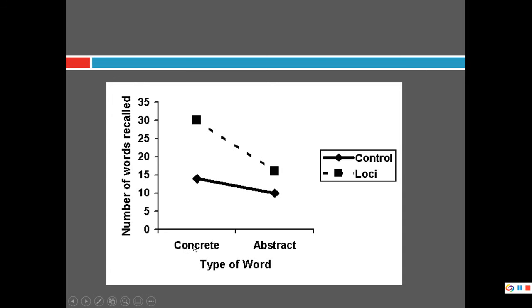Very specific things that have a physical, obvious meaning, and abstract words might be more like ephemeral, beautiful, stupid. Things that are not tied to some specific concrete physical thing.